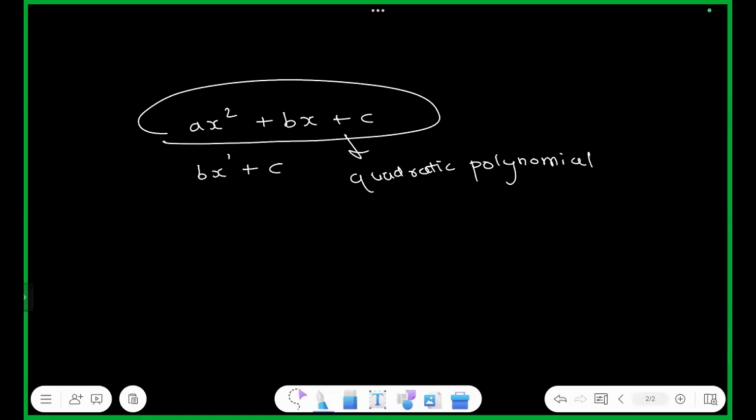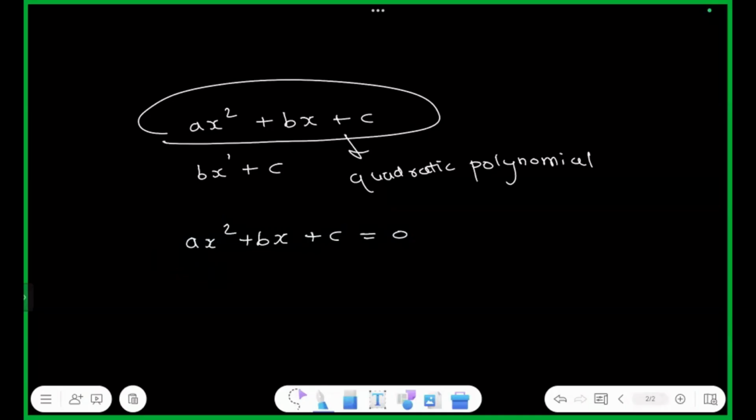And as I told you in the definition, what is an equation? When we put an expression or a polynomial equal to something. And in this chapter we will mainly put it equal to 0. So the same quadratic polynomial, when it is written in this manner, becomes a quadratic equation.